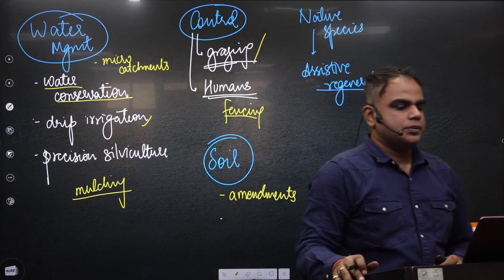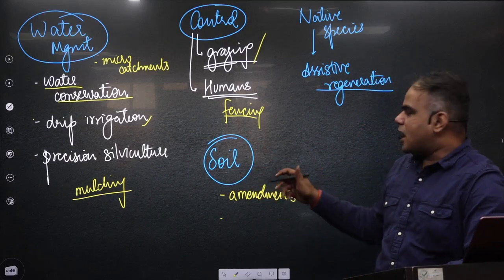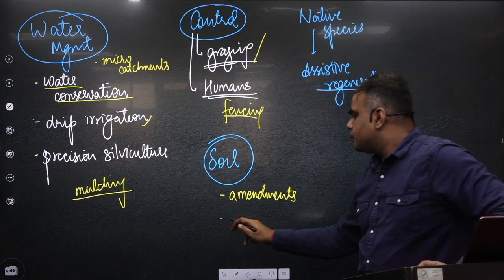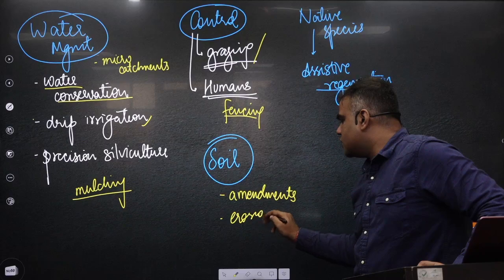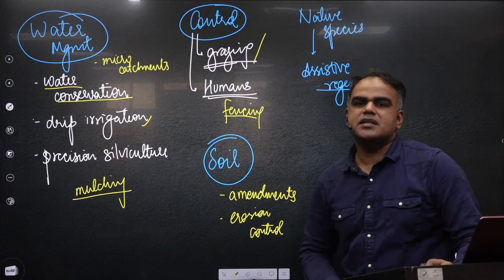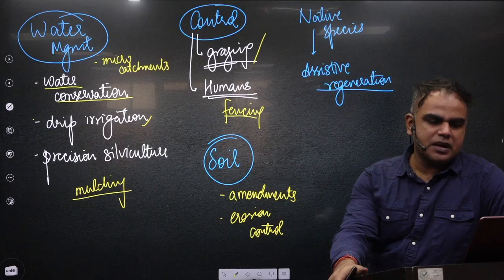Okay, so what we can do, organic matter can be added, biofertilizers can be added here to improve soil fertility, erosion control mechanisms can be used, mechanisms for erosion control, that we can write.